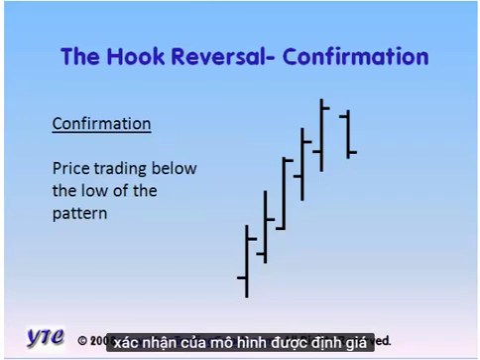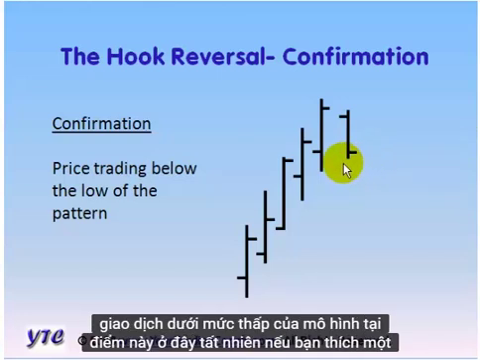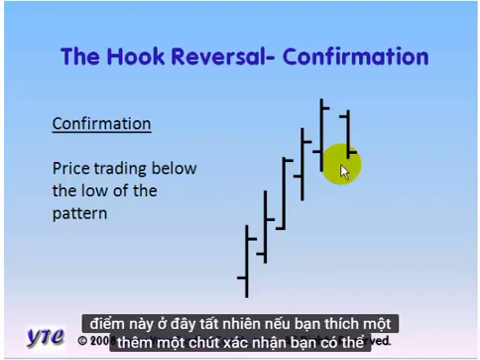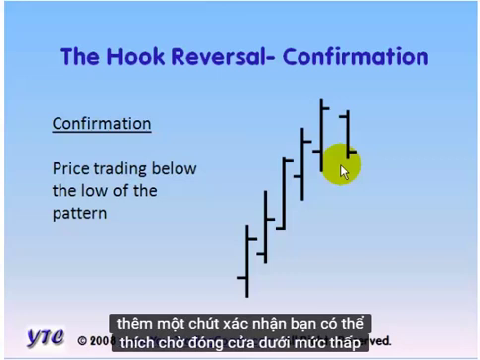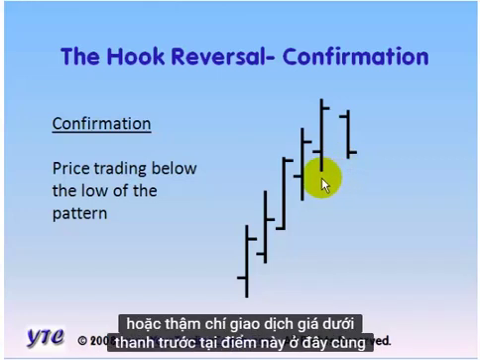Confirmation of the pattern will be price trading below the low of the pattern at this point here. Of course, if you like a little more confirmation, you might prefer to wait for a close below the low, or even price trading below the preceding bar at this point here.